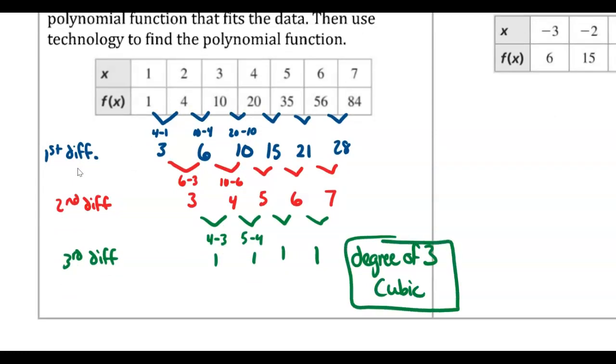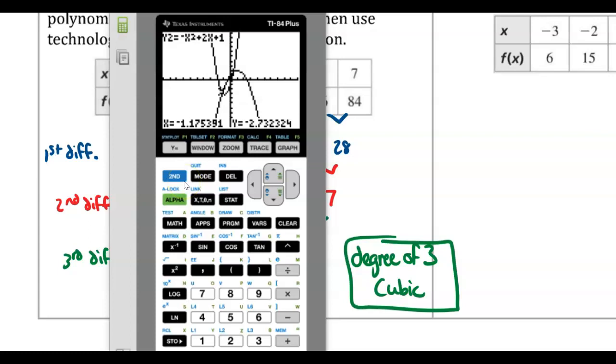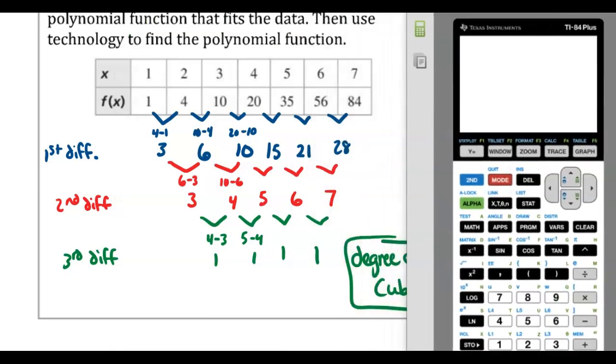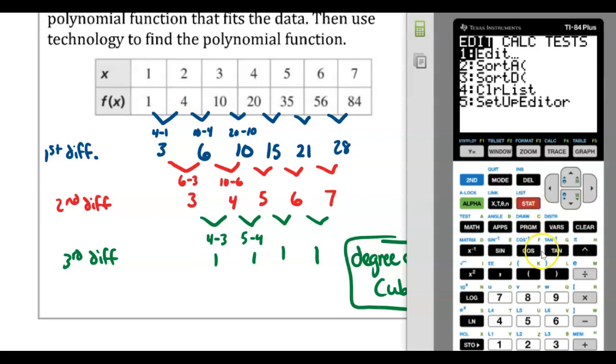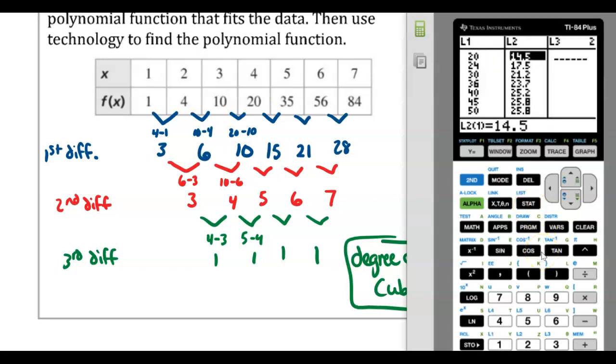Now, it wants us to use technology to find the polynomial function. So go ahead and pause the video and grab your graphing calculator if you don't already have it out. Okay, I got my graphing calculator out, and here's what I'm going to do. The first thing is to go to my list and enter in my data. I hit Stat, and I hit Enter on Edit.